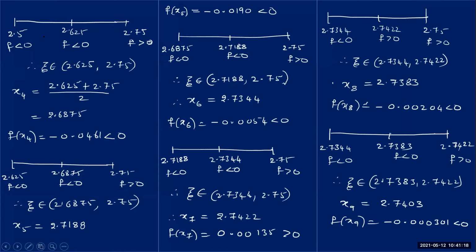Now see, before getting x9, if you look at the interval, it is 2.7383 and 2.7422. Now the middle point, what you got here is 2.7403. And at this 2.7403, we got the function value as negative.